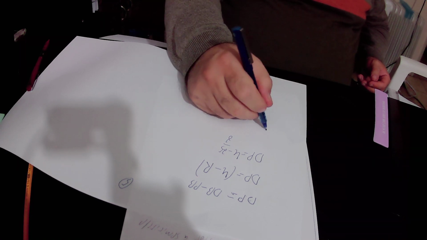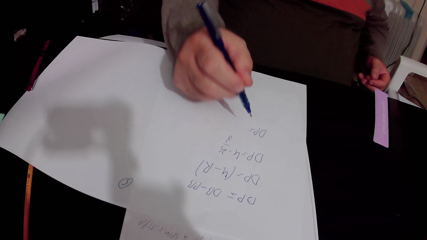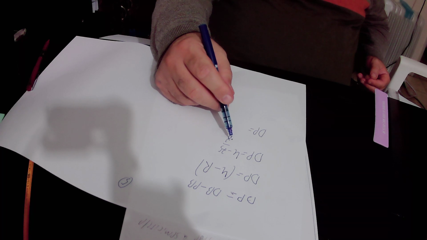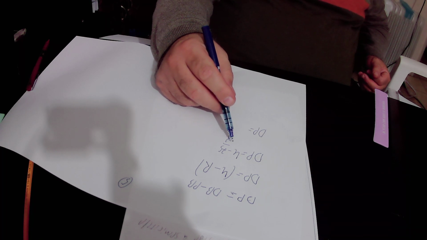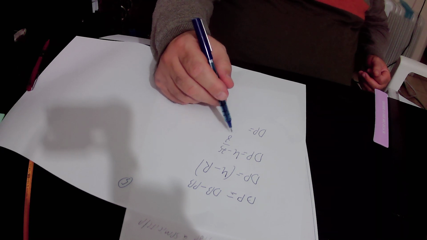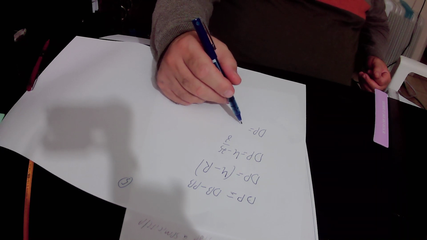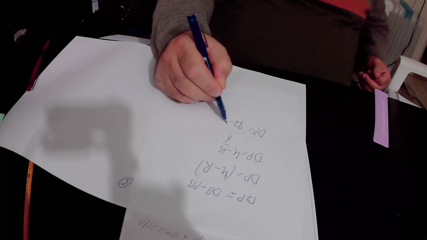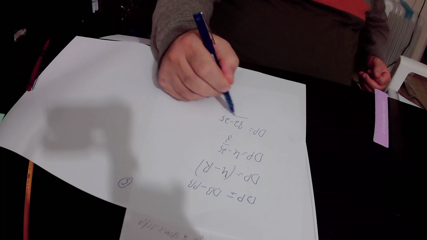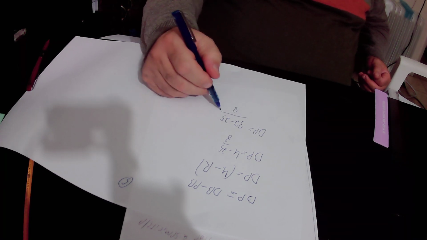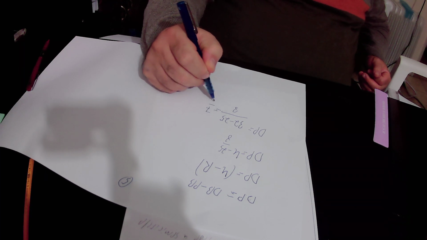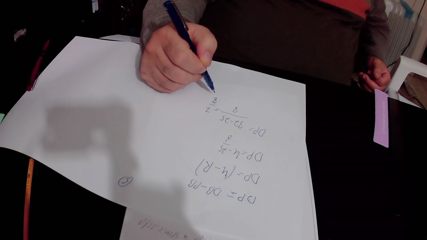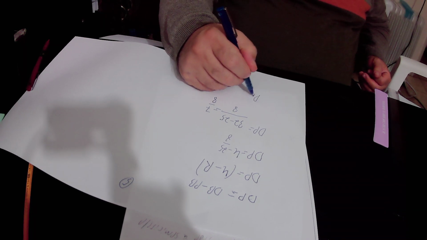Here we'll multiply 4 by 8 and divide it by 8 in order to have a common factor with this expression. So 4 times 8 is 32, 32 minus 25 over 8. So 32 minus 25 is 7, and here I found out that DP equals 7/8.